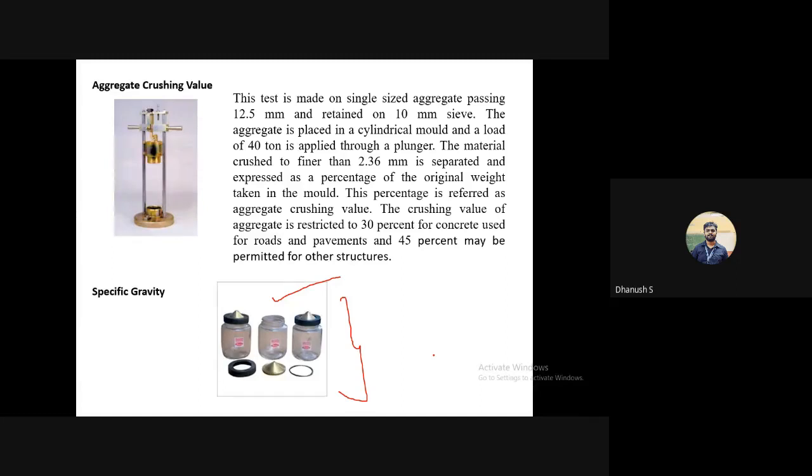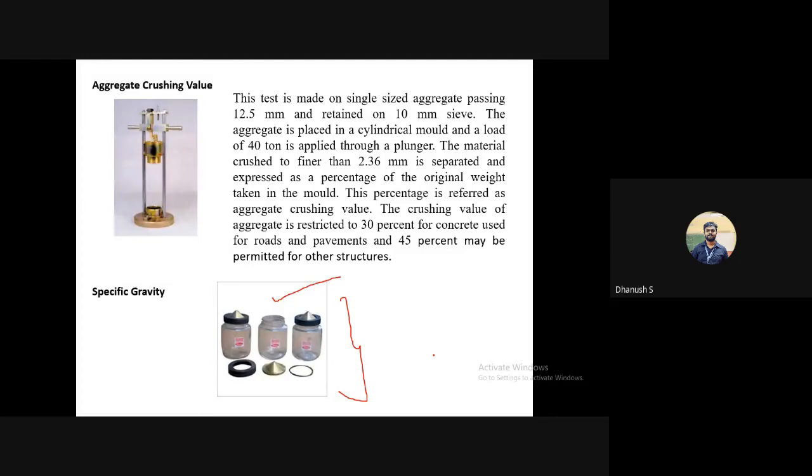Suppose I have a mass that weighs 70 kgs on land. If I have to hold it underwater, it is easier for me, because the water applies a certain amount of force and helps me lift it. So we use that logic to find the specific gravity of coarse aggregate.